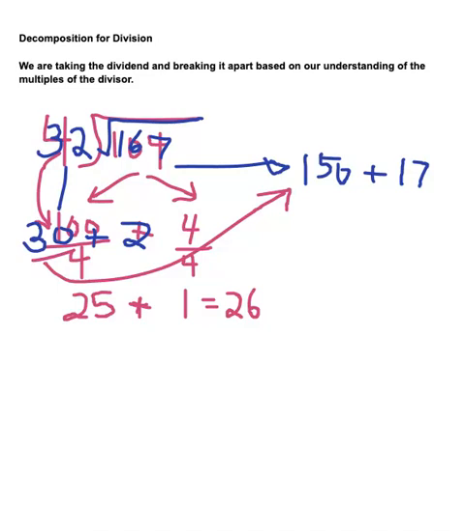So I know that if I divide 150 by 30, I'm going to get 5. The problem is that I'm trying to divide 167 by 32, not just 30. So I have to ask myself, how many more 2s do I have left over? Do I have enough in this 17?